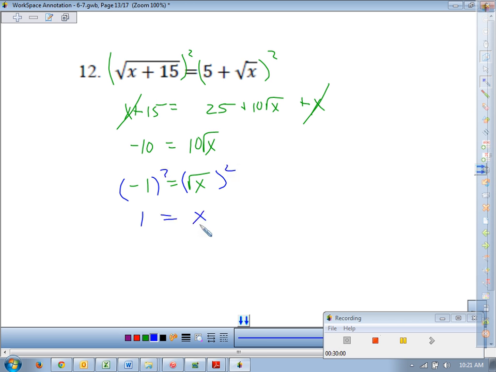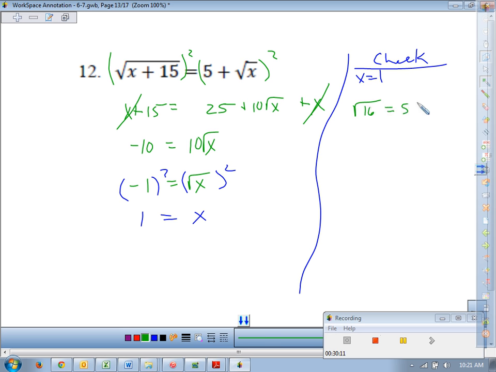And if you get x equals 1 and you check x equals 1, you should get an extraneous answer. You get the square root of 16 equals 5 plus the square root of 1. Square root of 16 is 4. 5 plus 1 is not 4. It equals 6. It didn't work, right? So no matter if you realize it early or late, it's still not going to work.